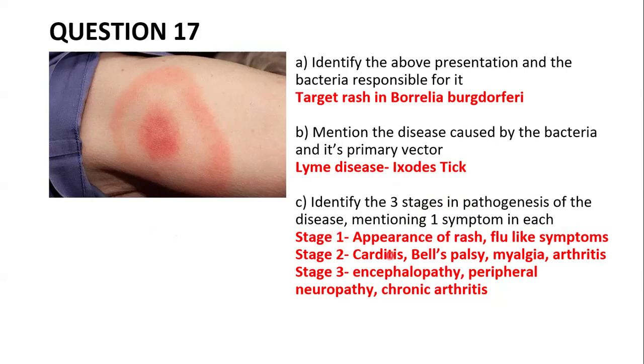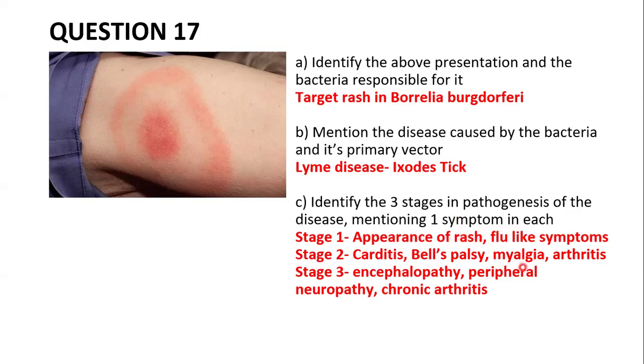Then stage 2, this is when dissemination occurs. So this is early dissemination. You can have carditis. Carditis means inflammation of the heart muscles. We have Bell's palsy. Bell's palsy is when it has affected the facial nerve. So one side of the face is going to be affected for facial nerve palsy, which is Bell's palsy.